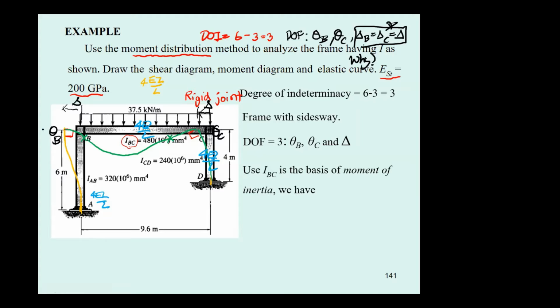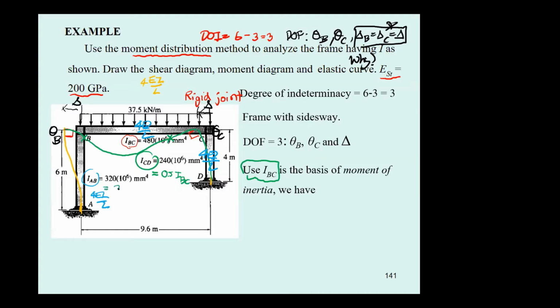However, since I sub AB is not equal to I sub BC and is different from I sub CD, we are supposed to set one member as the reference. Let the bigger one, I sub BC, be the full I. So this one will equal 0.5 I sub BC because it's only half.